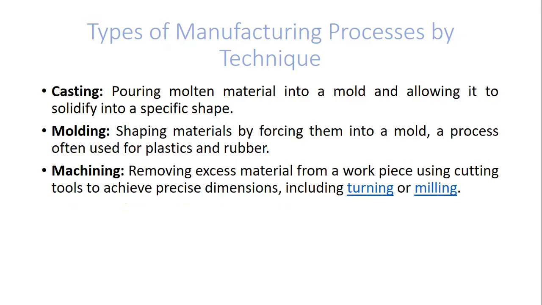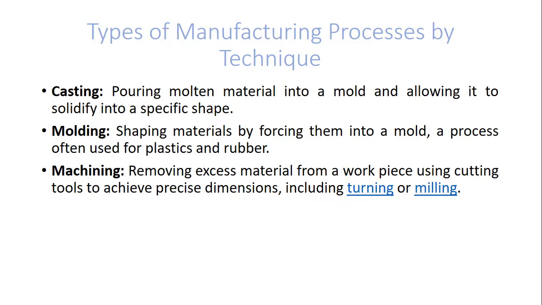Next one is casting. In this process, molten liquid metal is poured into a mold cavity and allowed to solidify until it makes the specific shape and size of the final product. Next one is molding. Here we shape the material by forcing it into a mold.